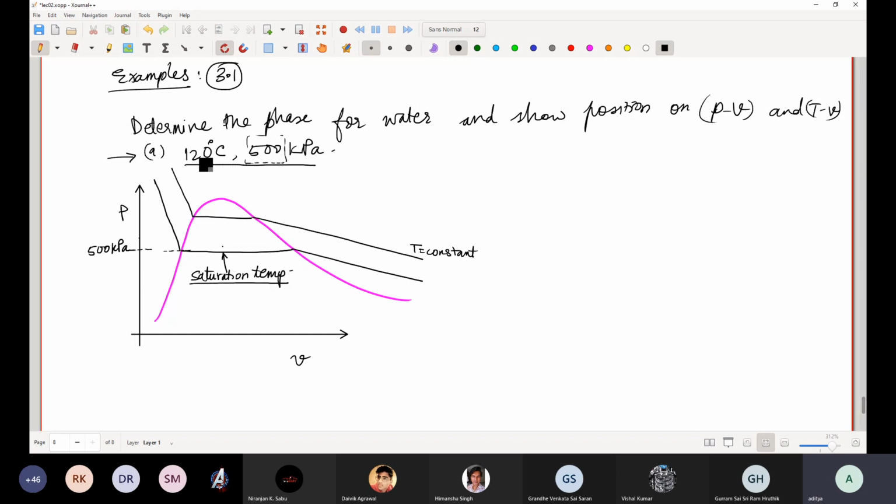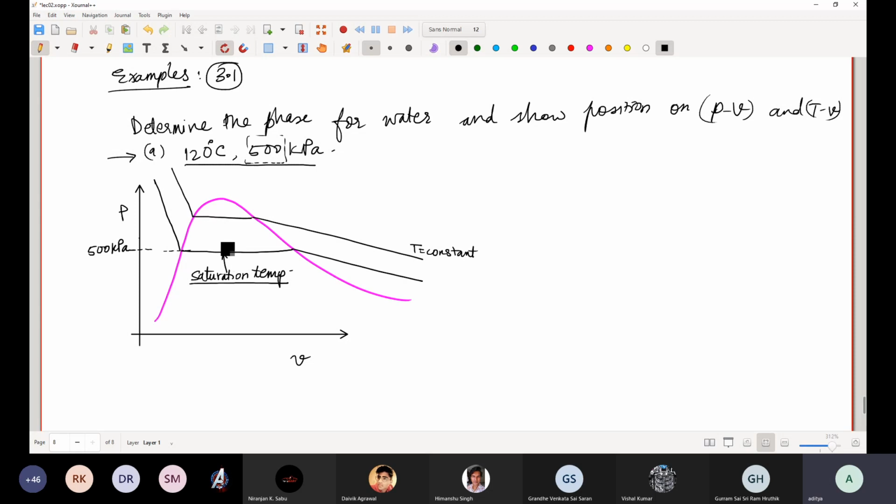Now, if this particular temperature of 120 degrees Celsius is higher than the saturation temperature or lower than the saturation temperature, that will decide exactly where I am. So at 500 kilopascal, I do not know exactly where I will be.